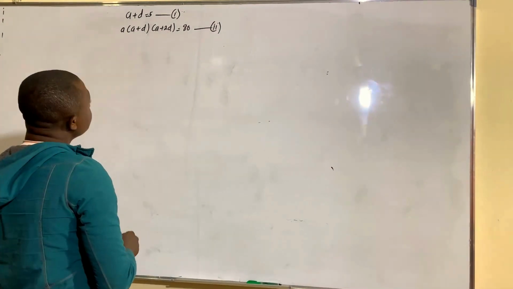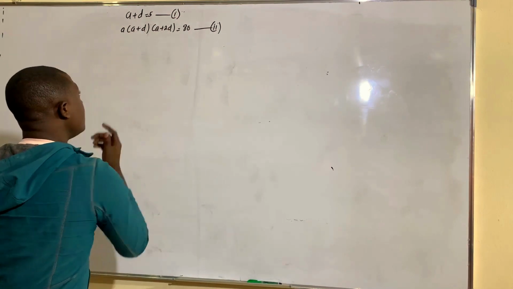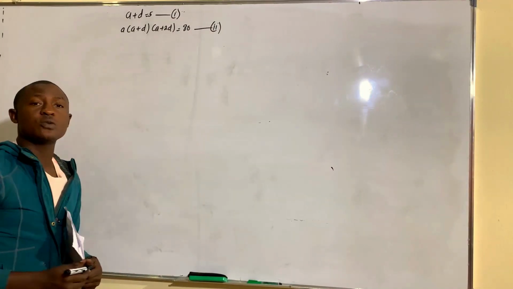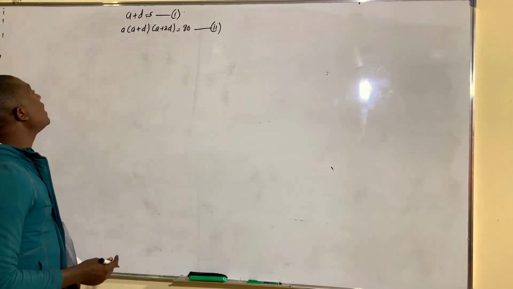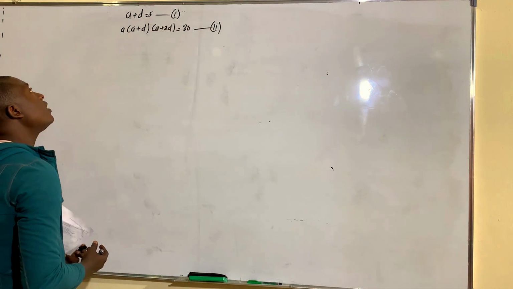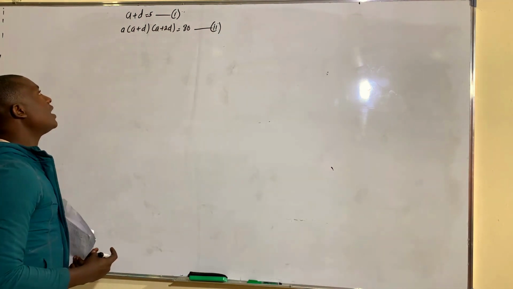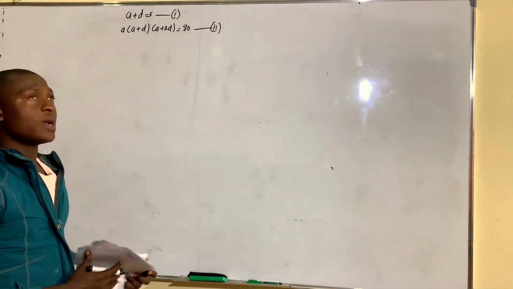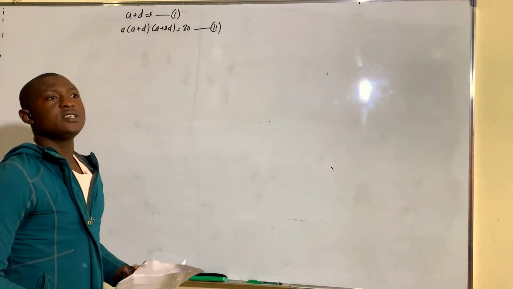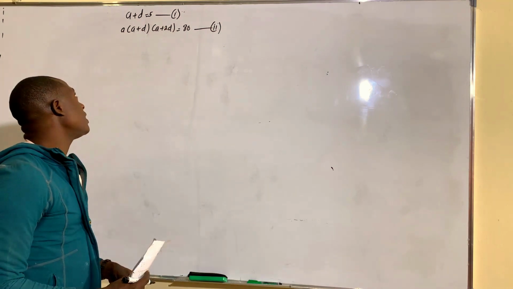From here, we can make a simple substitution using the substitution method. From equation 1, I can make D the subject of the formula if I like, or if I like, I can make A the subject of the formula. Anyone you choose, either A or D, you are still going to get the same result.